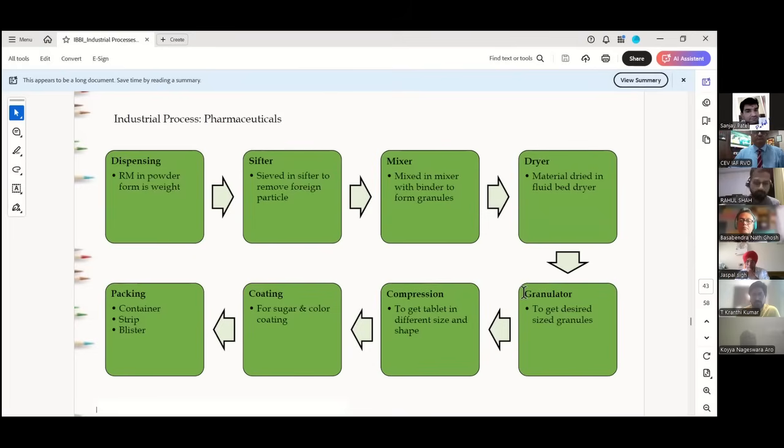Then it goes for the granulation process in a granulator. So the powder mixed with different types of chemical compounds in proportionate ratios goes to the granule.